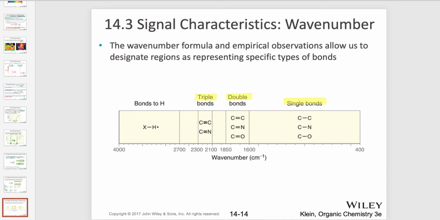Okay, so that would be your carbon-hydrogen bond. And I also have this in the handout. And then you would have your nitrogen-hydrogen bond.